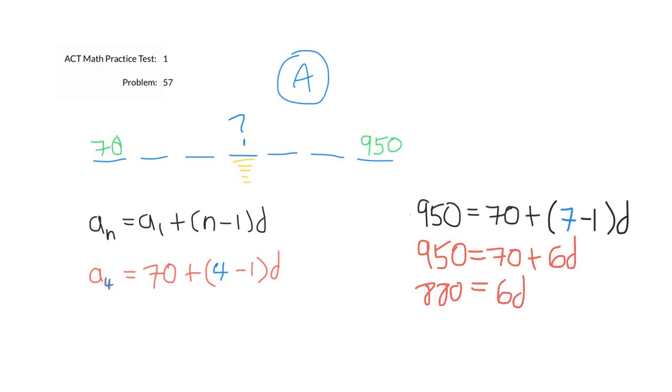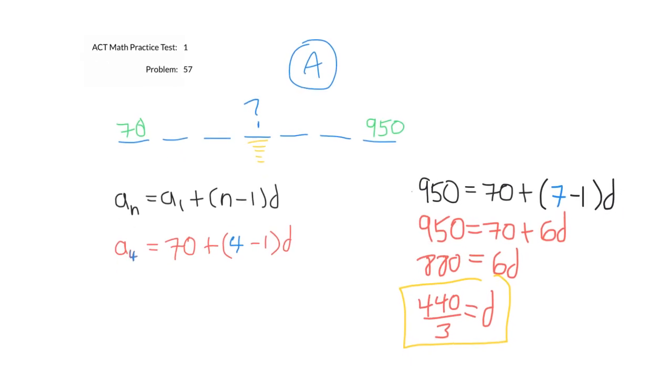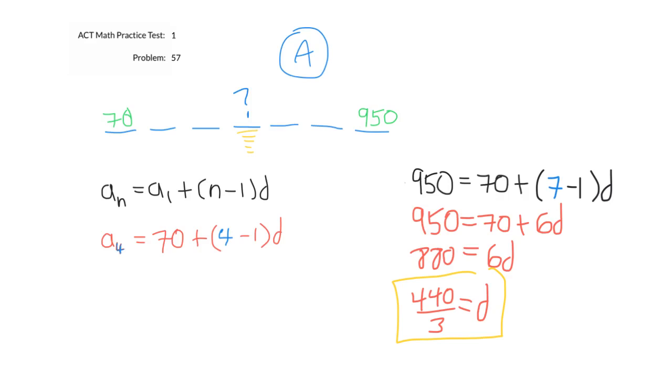And then we would have to divide both sides by 6 to get d equals 440 divided by 3, or 440 over 3. So that is a terrible looking number, but that's what you get sometimes when you make up problems on the fly like this. You're going to end up with weird numbers, but this could be a decimal, but we're going to leave it in this improper fraction form.